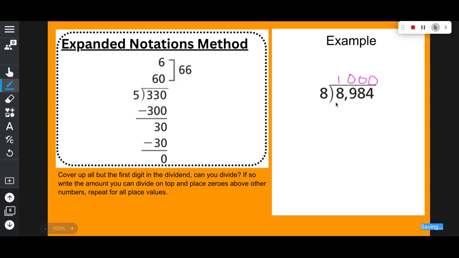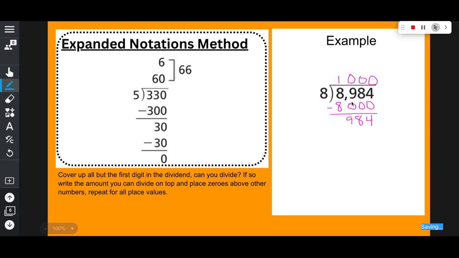So it really went in 1,000 times. And 1,000 times 8 is 8,000. So again, this used the method of our last one, the place value sections method. It's just going to organize it in a different way. So I subtract those out. I get 984 remainder left over.